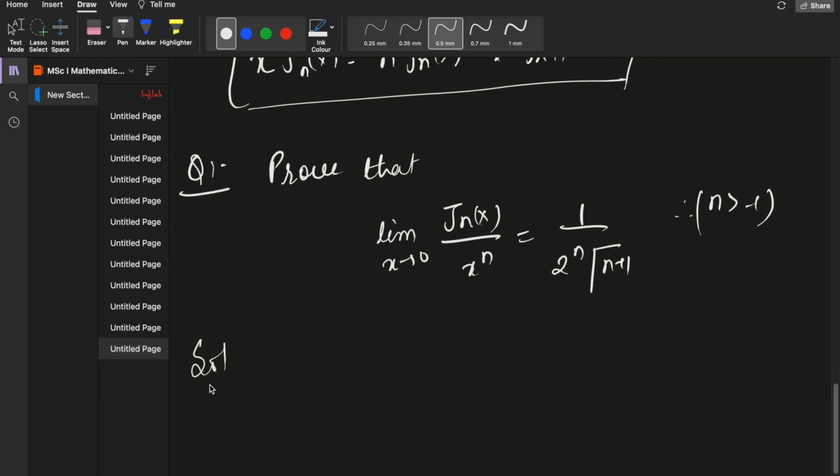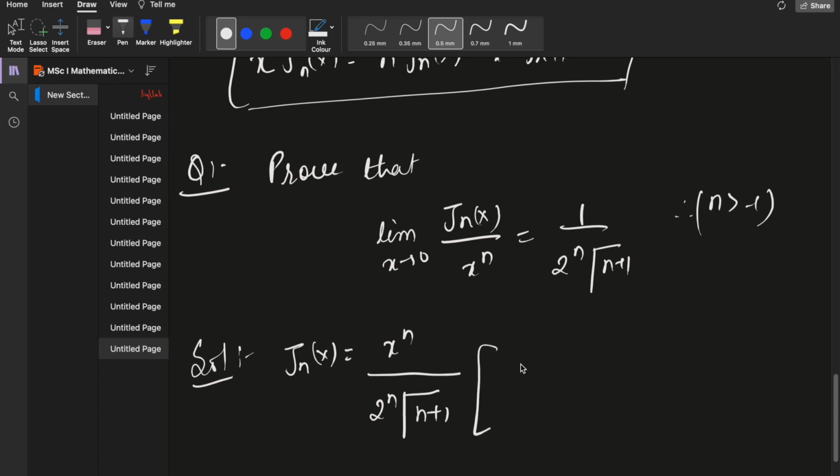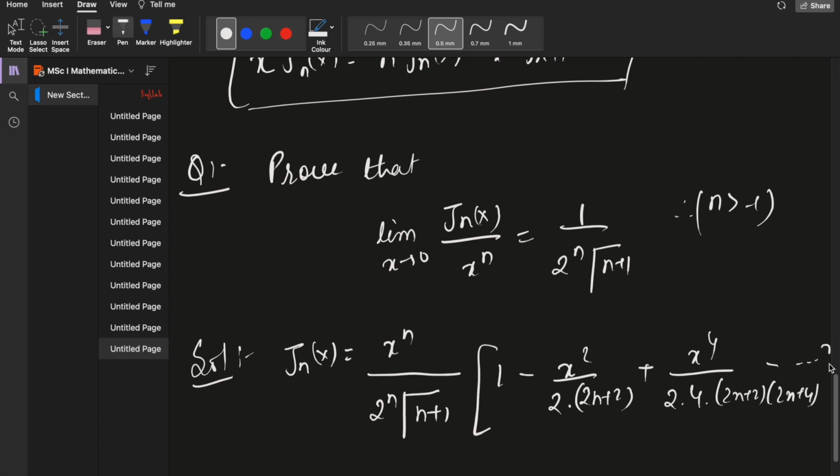So I know the solution will be, if we remember, Jn(x) can be opened in series form as x to the power n upon 2 to the power n factorial n plus 1. Sorry, this is gamma n plus 1, bracket start 1 minus x square upon 2 (2n plus 2) plus x to the power 4 upon 2 dot 4 (2n plus 2)(2n plus 4) minus so on.